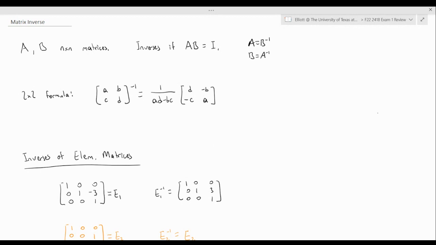And if you have two matrices A, B, which are size n by n, A and B are going to be inverses of each other if their product is equal to the identity matrix, okay? In that case, A is going to be the inverse of B, and likewise, B is going to be the inverse of A.